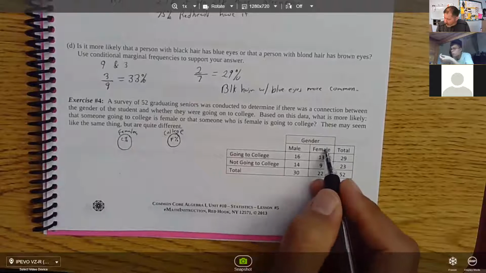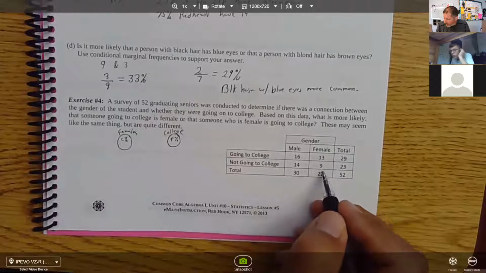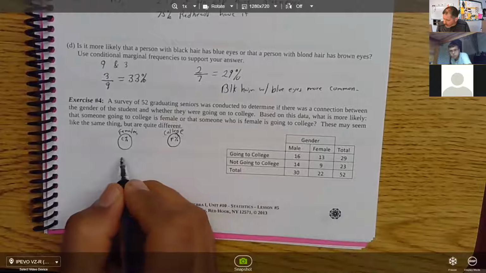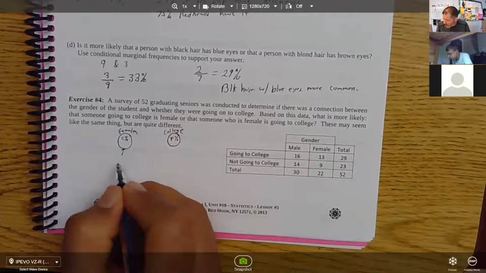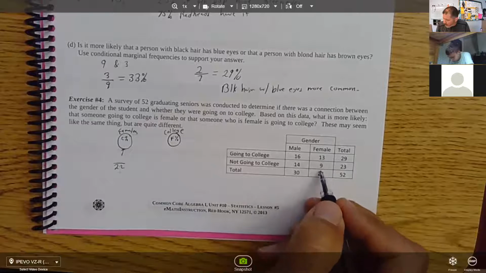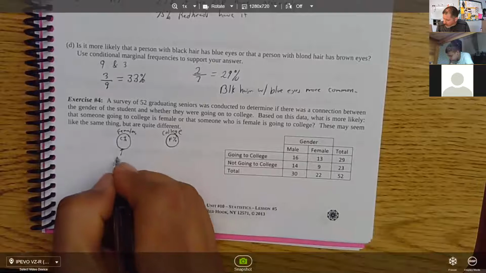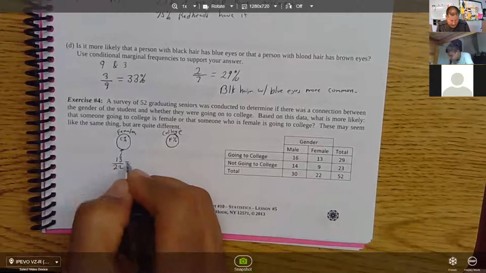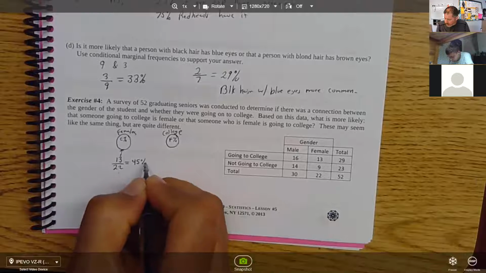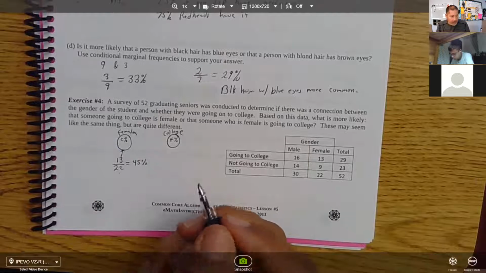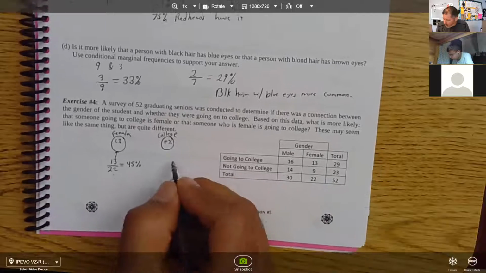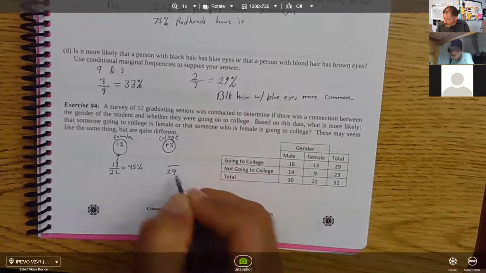So we take a look at the females. For all the females, there's 22 females. And of those 22 females, 13 are going to college. And that's 45%. I did the math for you. And for the college kids going to college, there's 29 kids.